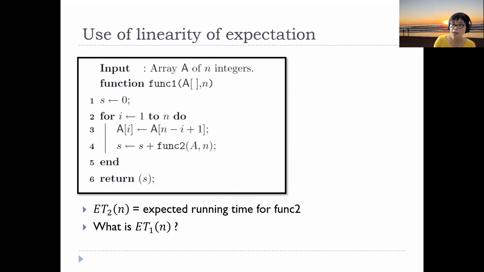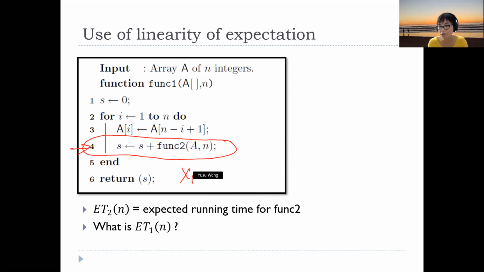Now for the expected running time, what do we know? We are basically running this one. You can think of the running time for line 4 the first time we run it as X1, the second time we run line 4 as X2, and so on.